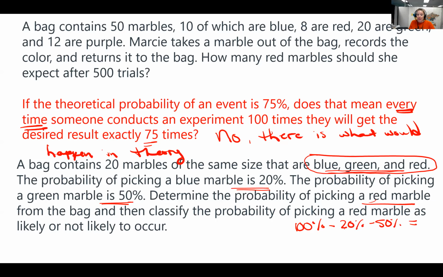That means 100 minus 20 minus 50 is 30% is left. 30% of the bag is left. That means the probability of pulling out a red marble is 30%. Because 30 plus 50 plus 20 makes up 100% of the marbles in the bag. And based on this number right here, 30%, we would say the probability of picking a red marble is not likely, or it's unlikely to occur because this number is less than 50%.